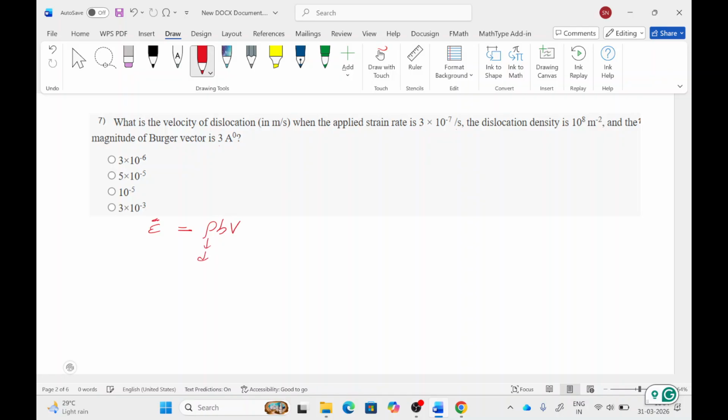So rho is the dislocation density, b is Burgers vector, and v is the velocity of dislocation. So we need to find this velocity.